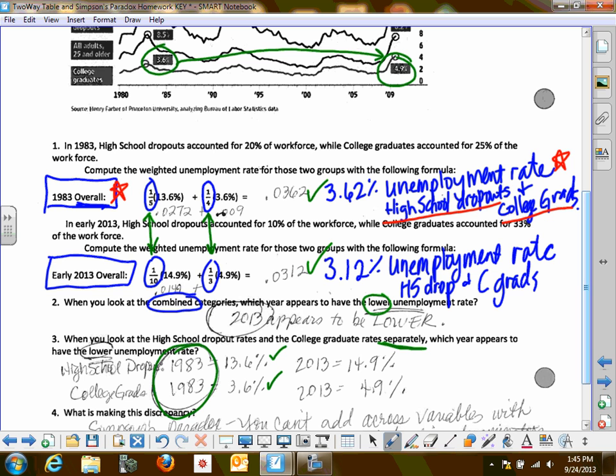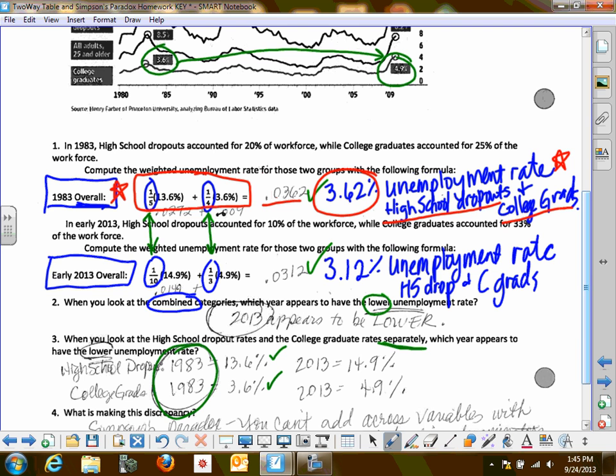So I did not expect you to be able to come up with this formula here. I would never ask you to do that. In fact, this data came from reading the paragraph and reading the article. So I got those facts from the article, okay? But I did expect you to do the math and come up with the value, and that was an unemployment rate for those two groups combined of 3.62%.